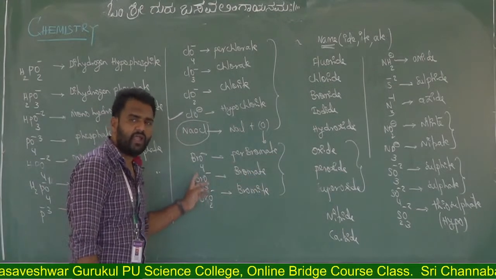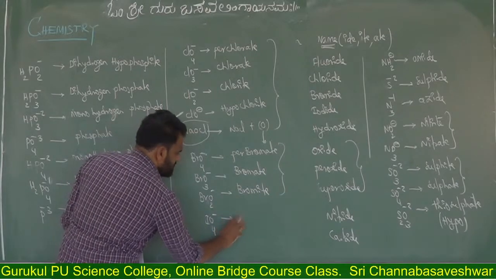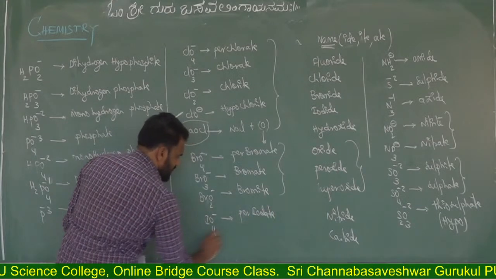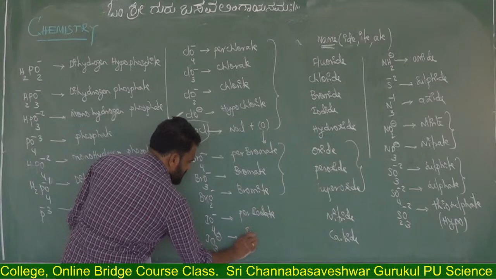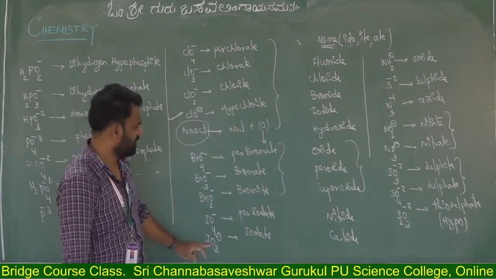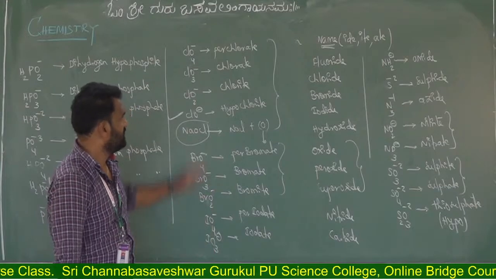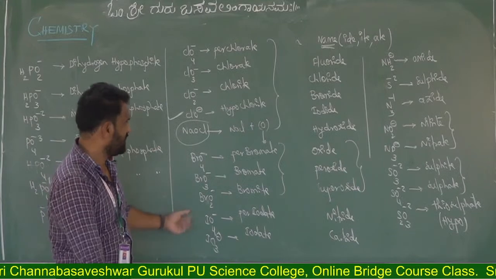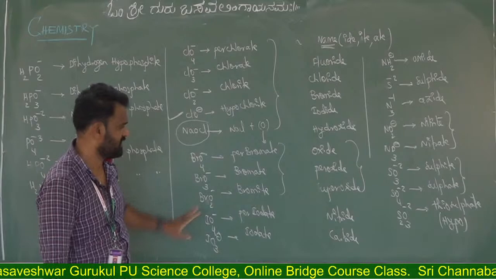In the same way with iodine you will get periodate, iodate, iodite, IO2 minus. Like this you can write the remaining; in place of chlorine you can put bromine and iodine, and you will get the corresponding oxo-halo anions, oxygen and halogen combination anions.